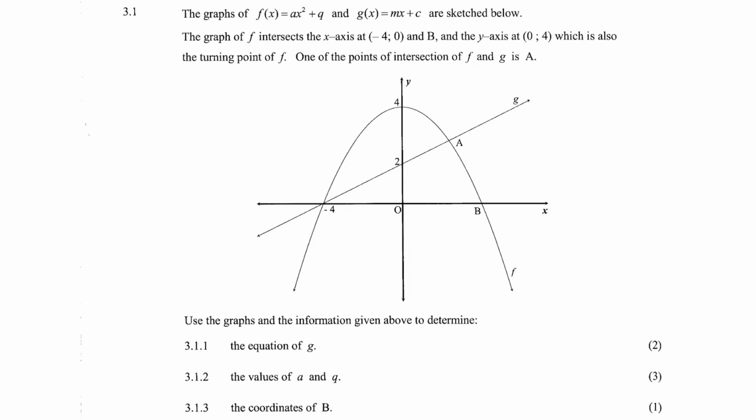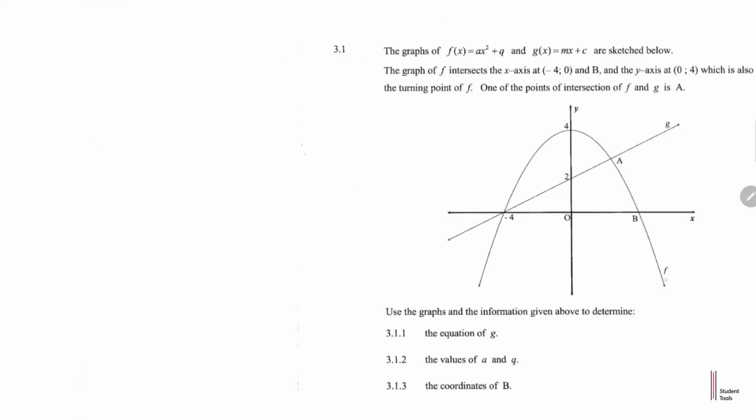One of the points of intersection of f and g is A. All right, so we have f here, this one, this is f. And we have g over there, the straight line.